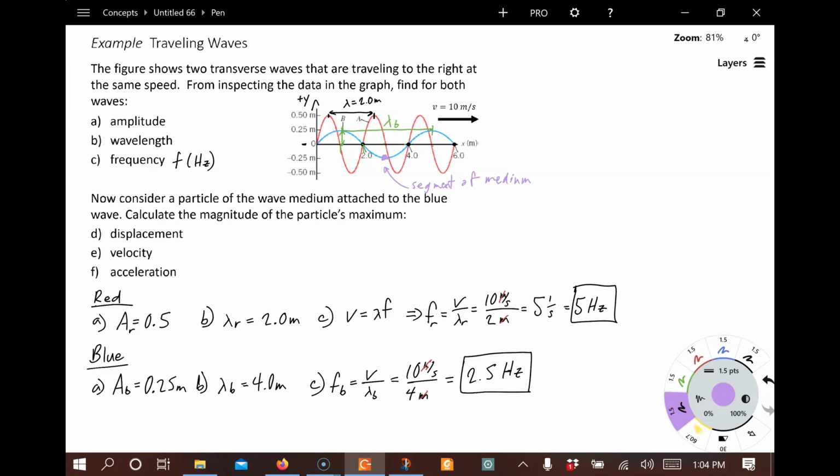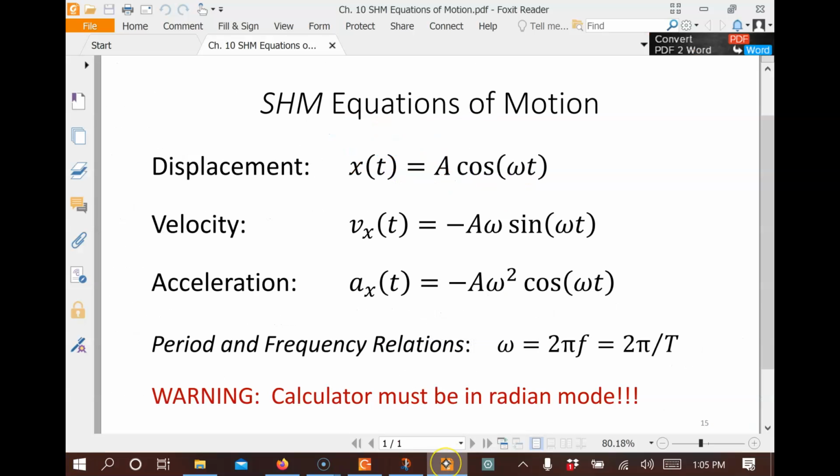What's this do? It's going to go up and down between the maximum amplitudes, 0.25 meters, minus 0.25 meters. In fact, it undergoes simple harmonic motion. Each little segment of the wave oscillates up and down along the y-axis, undergoing simple harmonic motion. In fact, we can look at the equations of motion for the particle in a wave.